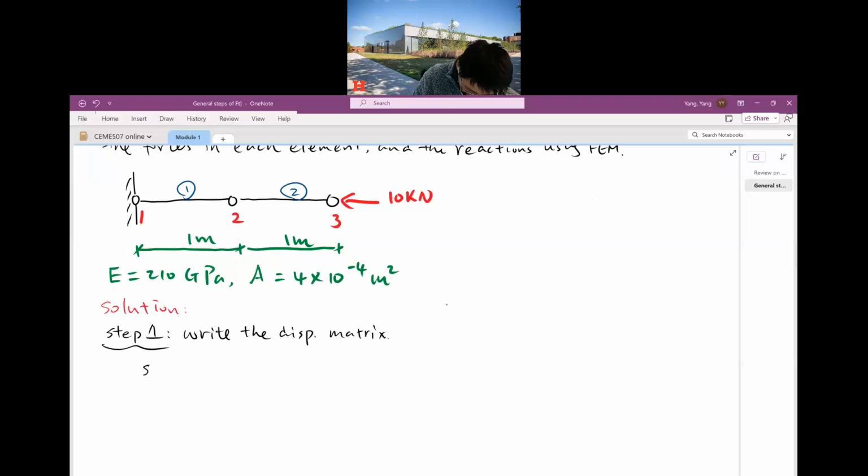That can reduce the size of the problem here. So if we write down the displacement matrix, we only need to consider the movements in the horizontal direction. We use U1 for the horizontal movement of node 1, U2, U3.